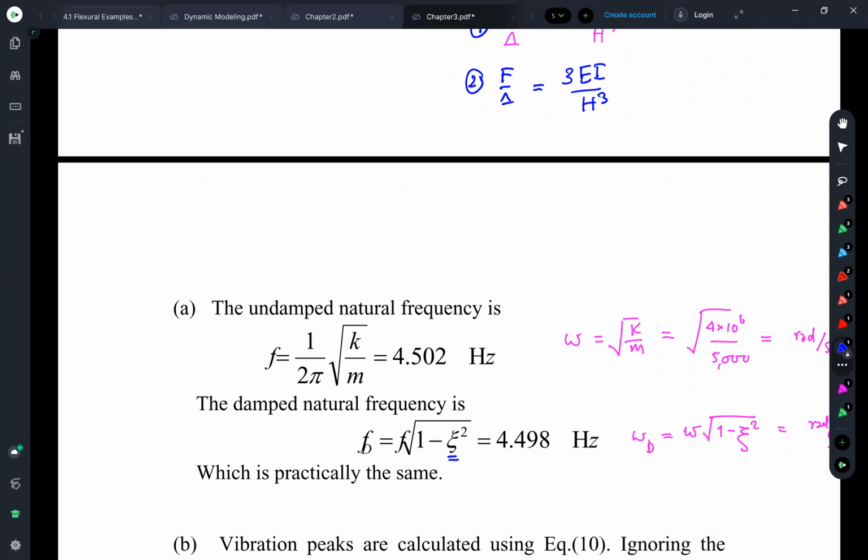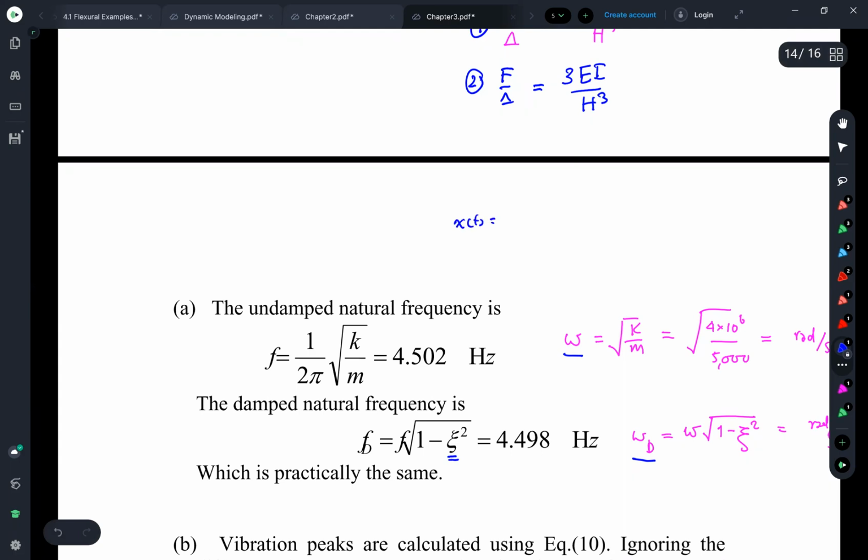We have these two frequencies because omega and omega sub D are a little bit different. A little bit different because in the solution of the response x, you contain something like this, right?